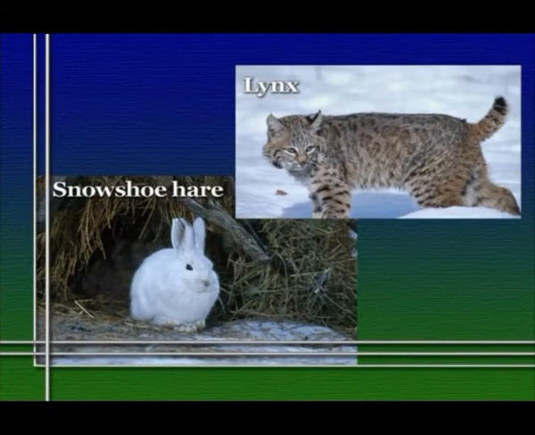Now, the data for studying these population cycles actually comes from a very interesting source. It turns out that these data come from records that extend over almost a century of the number of pelts taken by fur trappers working for the Hudson Bay Company.